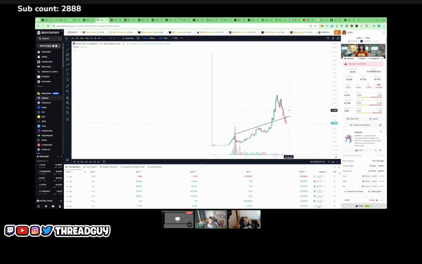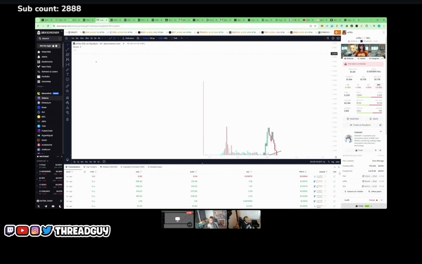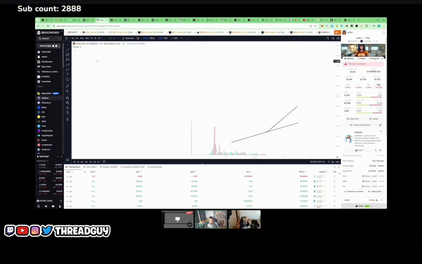You draw this line. So the increasing steepness of the trend is how much closer you are to the top of the parabola. It'll go flat like this, then it'll go slightly more up like this, then it'll go almost completely vertical like this. And when it breaks this third trend, this is literally what a parabola looks like.